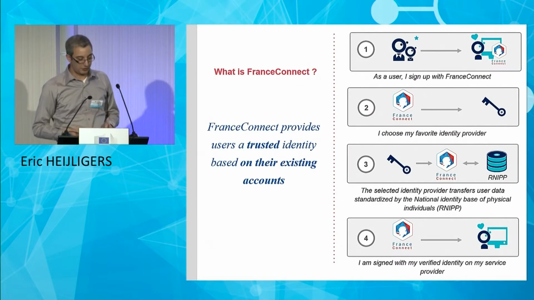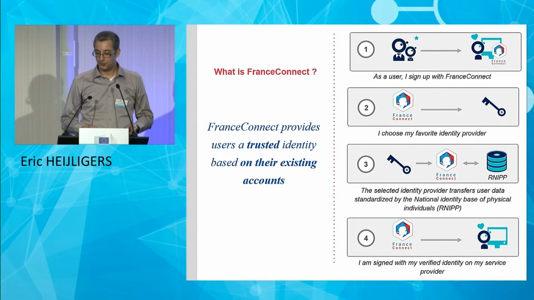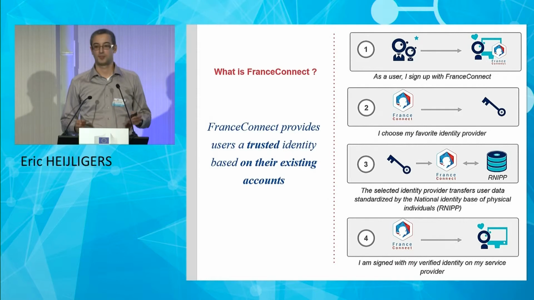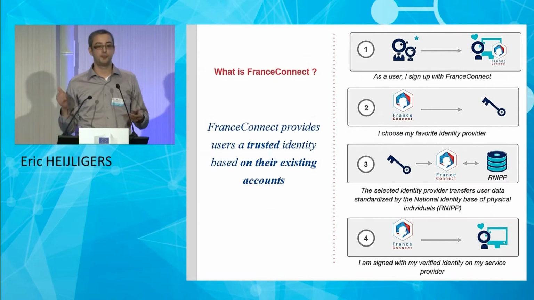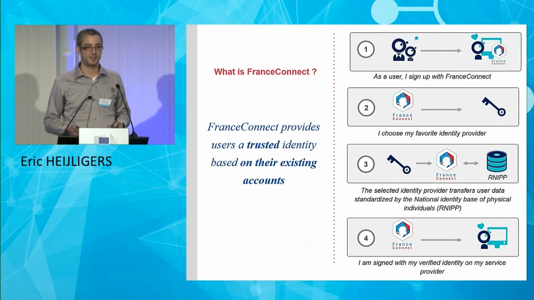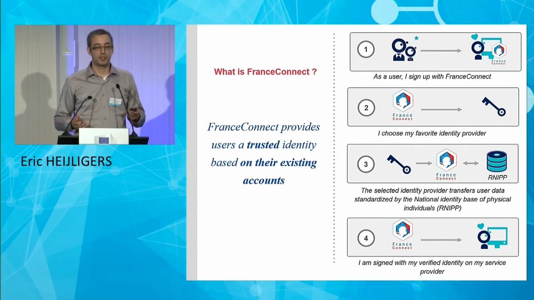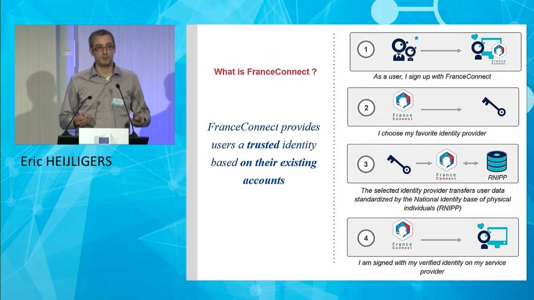France Connect provides users a trusted identity based on their existing accounts. So what does it mean? There are two main ideas in this sentence. The first is that France Connect provides only trusted, verified, checked identities. In fact, we have not invented anything.